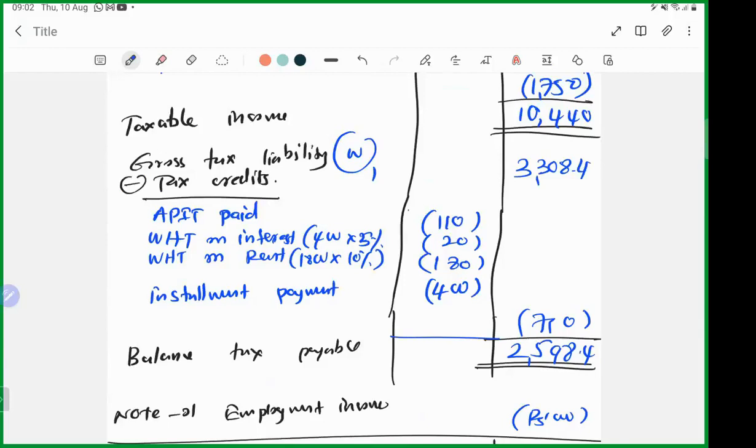So now you have understood the way to calculate individual taxation.